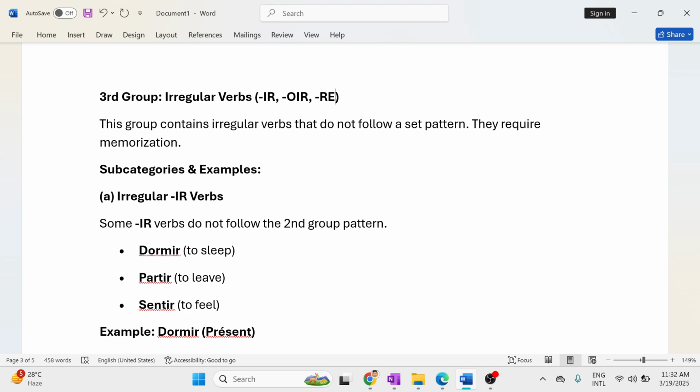Can anyone conjugate the aller verb for me? Just speak it out. You can use your notes with aller.